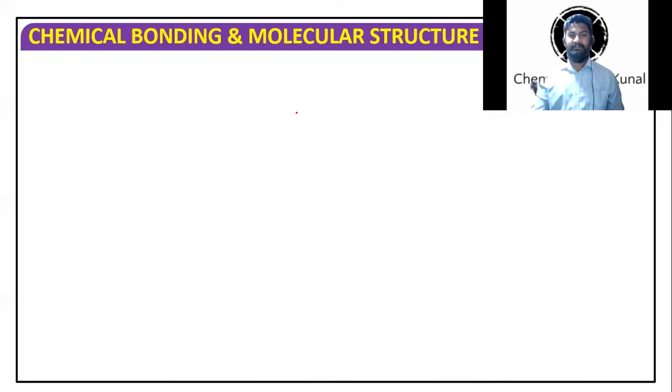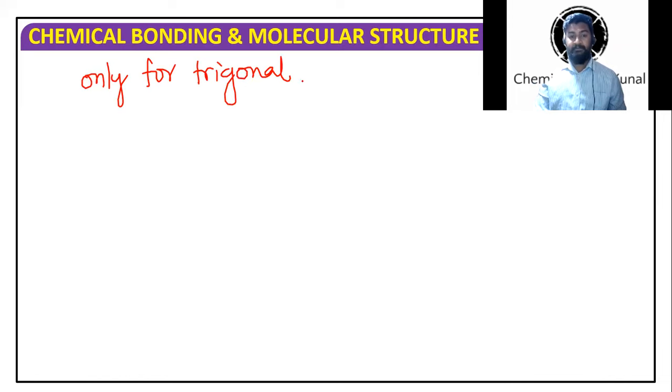There's a very special thing about trigonal bipyramidal which you must know. After that, we can do questions. So let's begin. I'm telling you a very, very important point. Only for trigonal bipyramidal, there are some rules that we must remember.